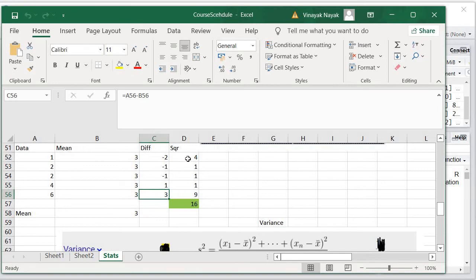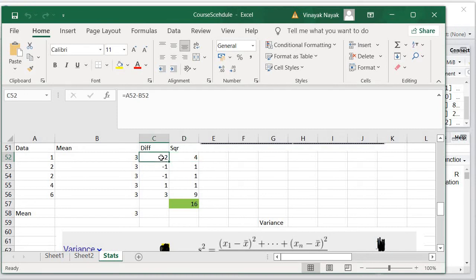Then you need to do the square. You have taken x1, you have taken the mean, which is x bar, and you find the difference between both of them. Now you find the square.